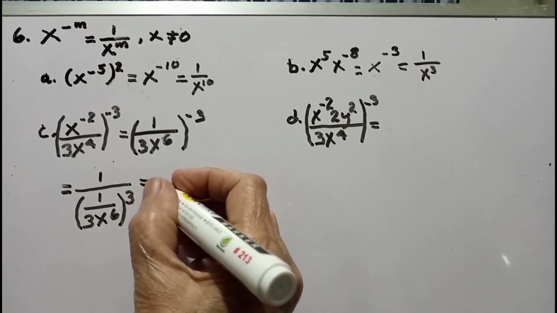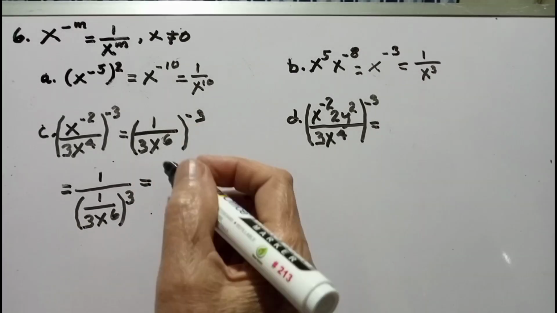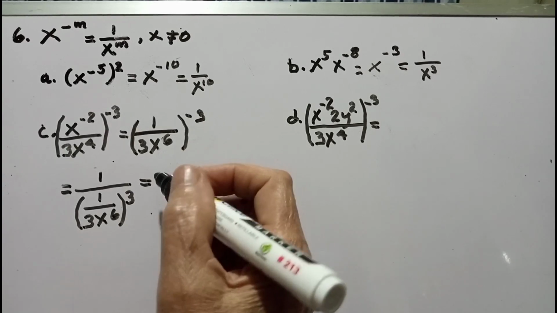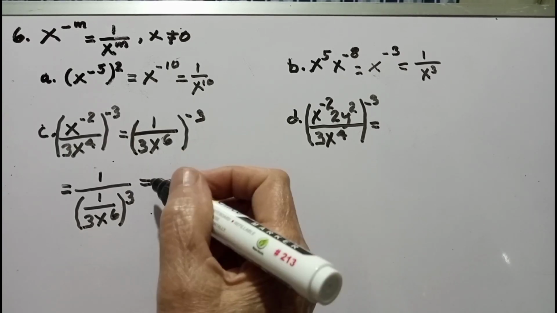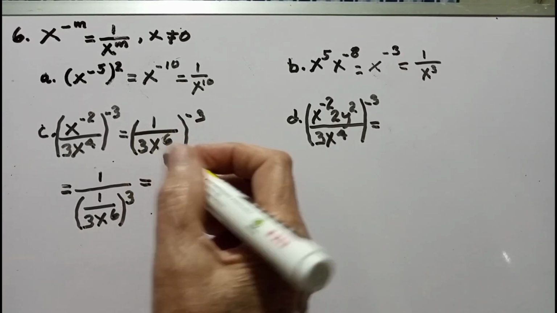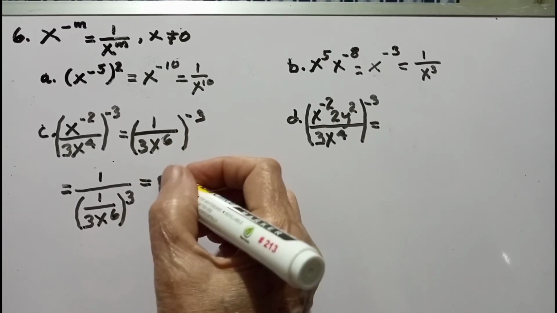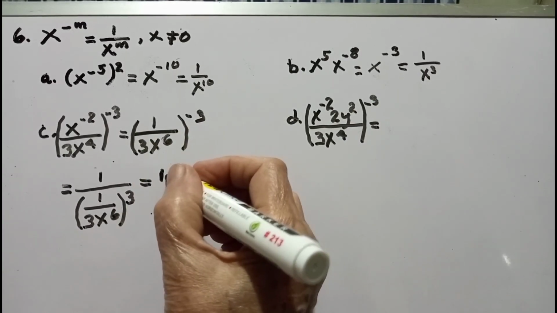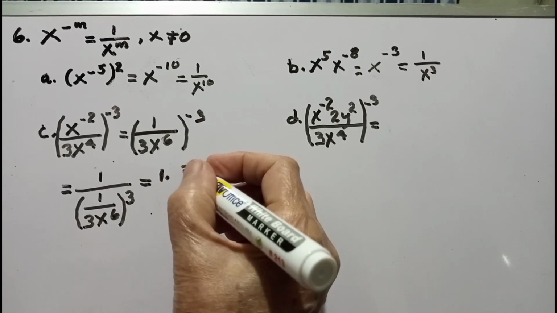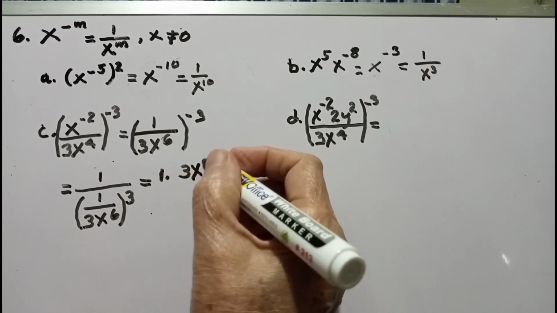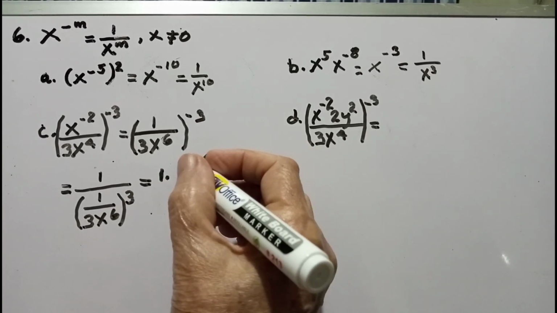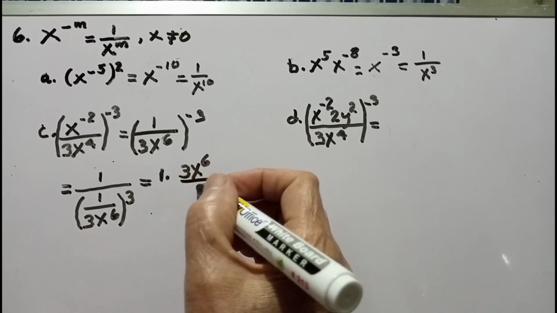So this is equal to, the rule of division is invert the divisor and proceed to multiplication. So we will invert this one. So this is 1 times 3x to the 6 over 1.